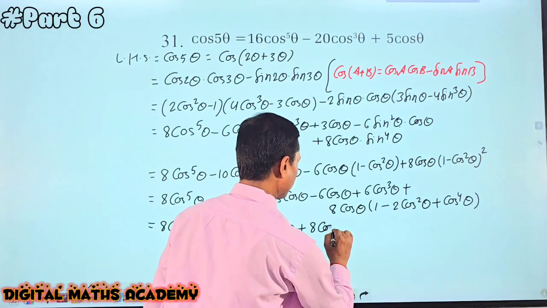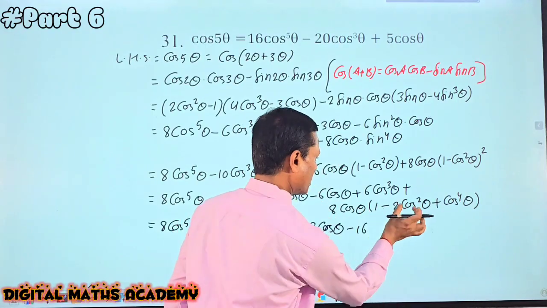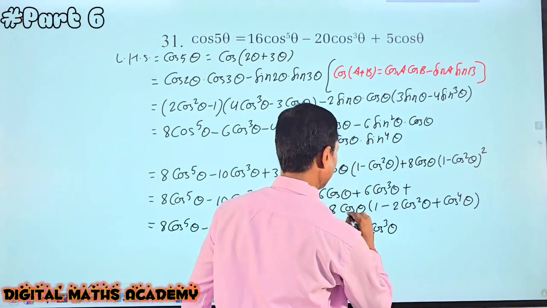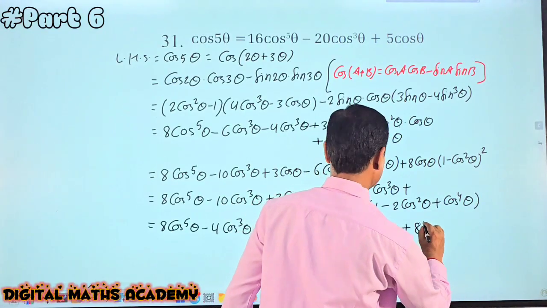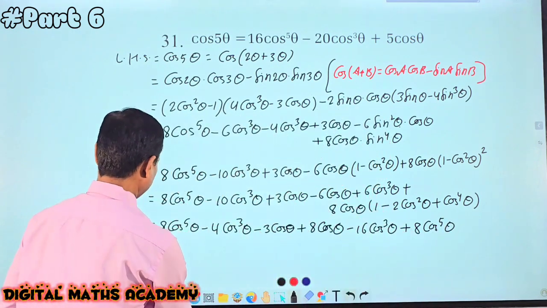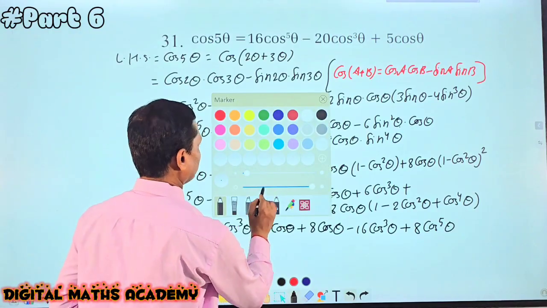Okay, then this, open this bracket, so we can write here 8 cos theta into 1 means 8 cos theta, minus 8 into 2 is 16 cos theta dot cos square theta becomes cos cube theta, plus 8 cos 5 theta. Okay, now see carefully here.